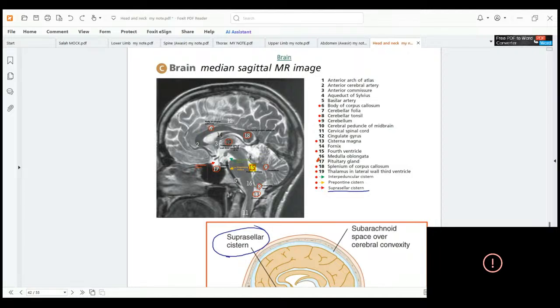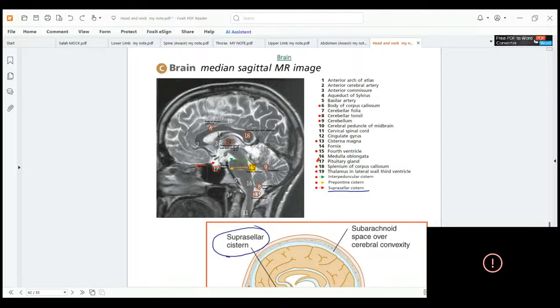Red is the suprasellar cistern. Then 17 is maybe the pituitary gland. Above it is the suprasellar cistern, because sella is the pituitary.